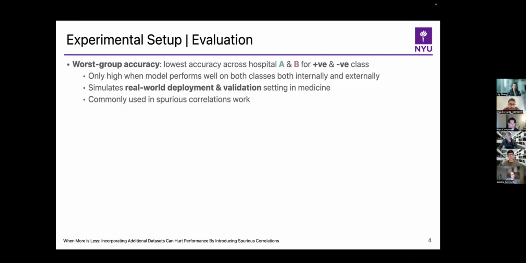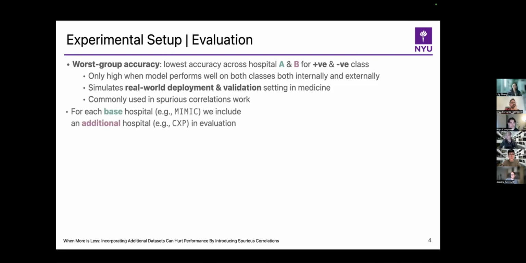This is important because it really emulates real-world deployment and a validation setting in medicine. So it's a very practical metric to use. This is commonly used elsewhere in the spurious correlations literature.